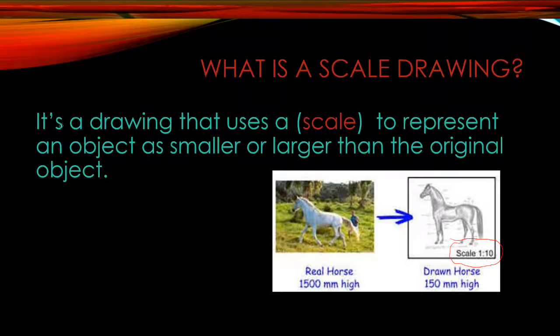So a scale drawing is a drawing that uses a scale to represent an object as smaller or larger than the original object. Of course, as we see, the original object here is larger than the drawing, so the drawing is smaller than the original object.